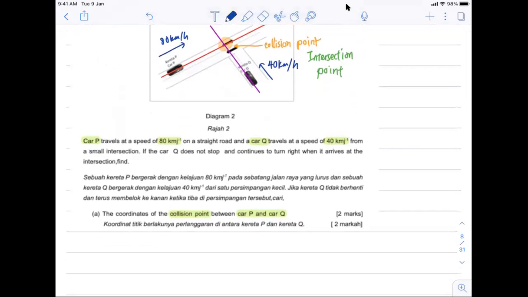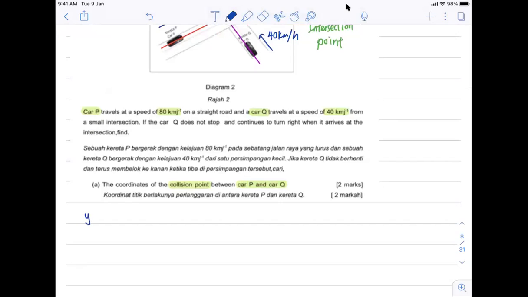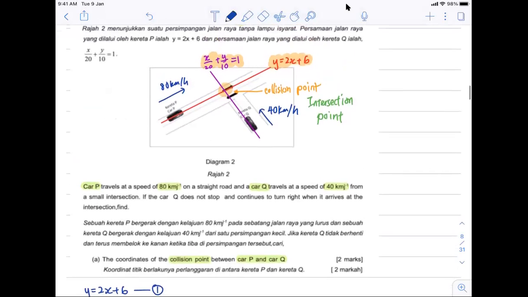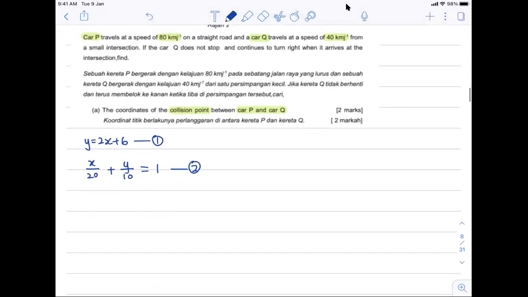The first equation is y equal to 2x plus 6. The second equation is x over 20 plus y over 10 equal 1. For the second equation, we need to simplify a bit, to become x over 20 plus 2y over 20 equal 1.